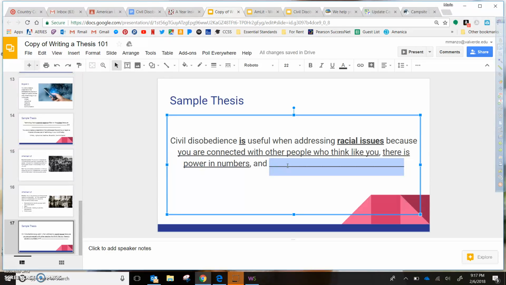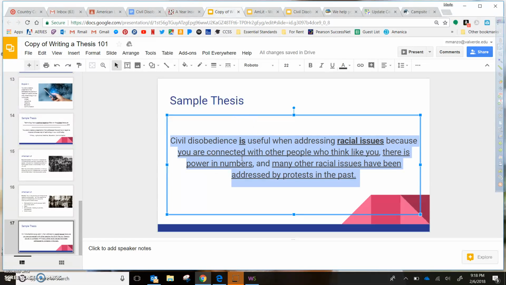And many other racial issues have been addressed by protests in the past. Okay, so now I have my thesis statement. Civil disobedience is useful when addressing racial issues because you are connected with other people who think like you. There is power in numbers, and many other racial issues have been addressed by protests in the past.